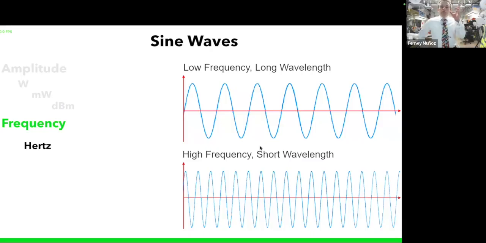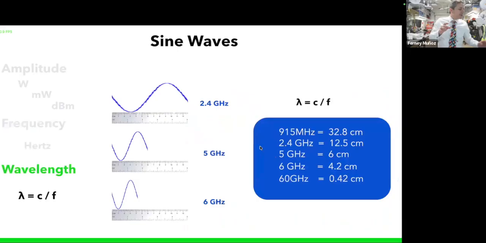Okay, so the frequency dictates how long each cycle is. Now, why is that important? Because if you do the math to get the length of each wave, it's the speed of light divided by the frequency. You cancel some units, and then you end up in 2.4 with a wave that is about 12.5 centimeters long.